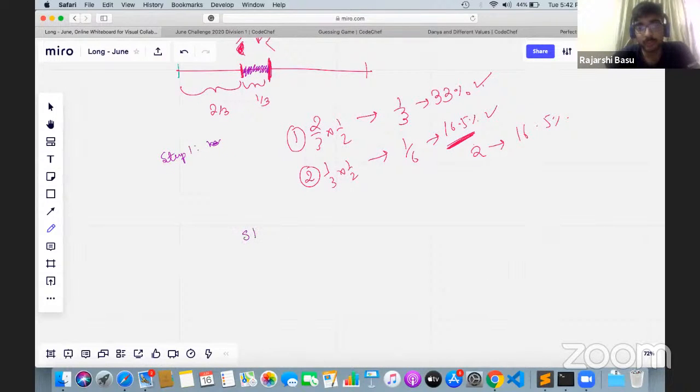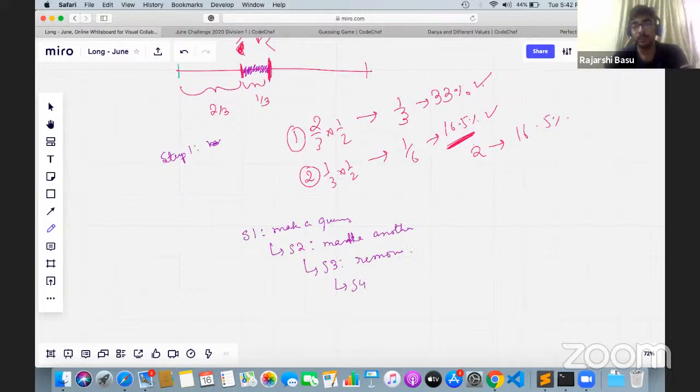Step one was make a query. Then step two was make another query based on the previous query. And then step three was remove one of the regions. And then step four was return to step one.